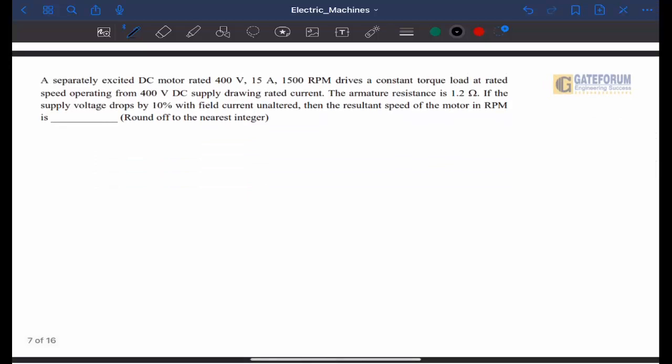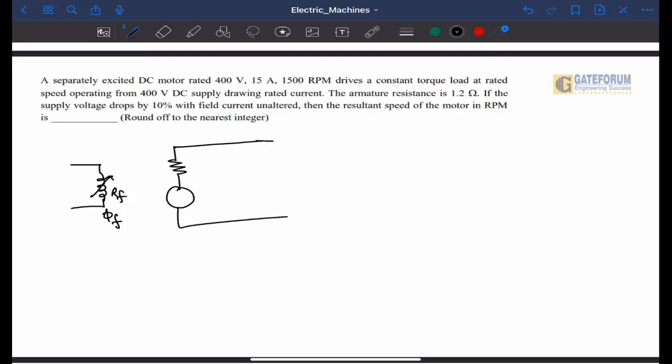A separately excited DC motor. The motor is separately excited, so the field is here and it is separate. The rated supply voltage is 400 V and the armature current is 15 ampere.